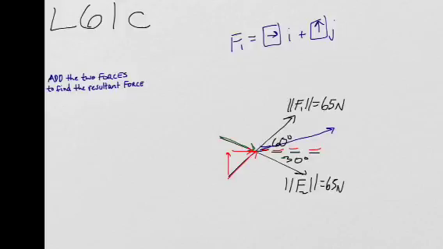We basically had formulas here. We said the x direction, x equals the magnitude times the cosine of theta, the angle, and y equals the magnitude times the sine.